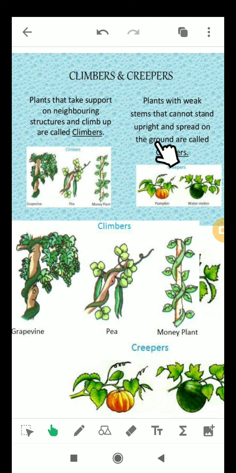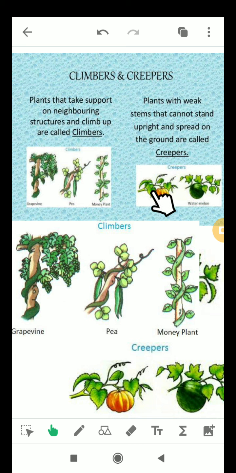Plants with weak stems that cannot stand upright on their own and spread all over the ground are called creepers. The examples of creepers are watermelon, pumpkin, mint, bottle gourd. These are all examples of creepers.